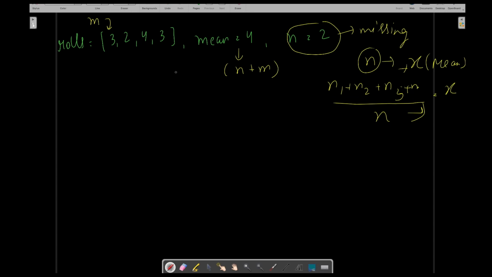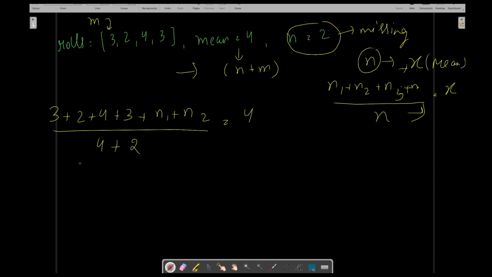Similarly, we can apply that mean formula here. The mean of n plus m numbers: we write 3 plus 2 plus 4 plus 3 plus the n missing numbers, which means 2 numbers, n1 plus n2, divided by n plus m, where m is 4, n is 2, and the mean is 4.